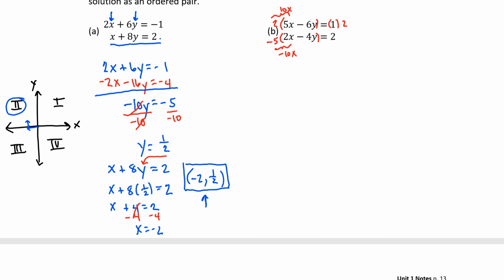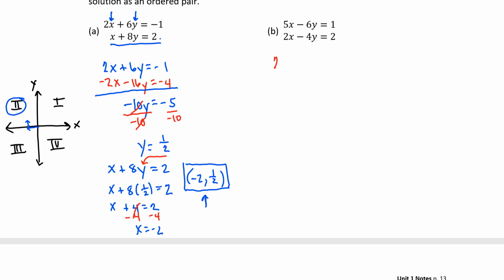So notice I took the coefficient of x in that second equation and applied it to the first equation. I'm going to take this coefficient, change its sign, and multiply it by this equation. Okay, so let's go ahead and write this down.